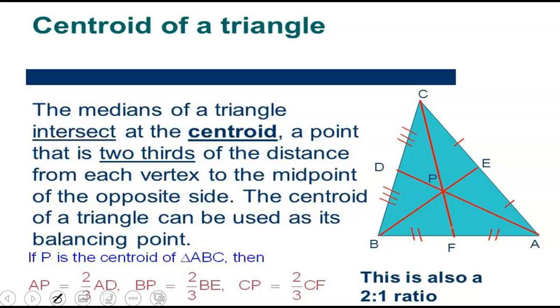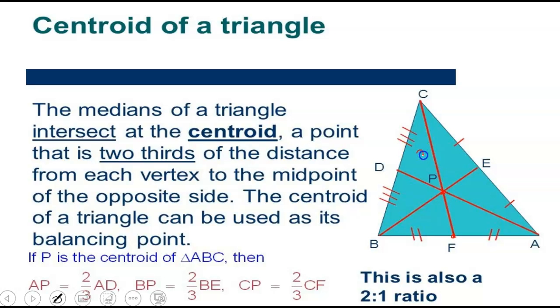Okay, so we take them one by one. Centroid. The centroid is the intersection of the medians. Again, we already know that the median divides the segment into two congruent parts. But the new thing here is that the centroid also divides the median into a ratio of 2 to 1.